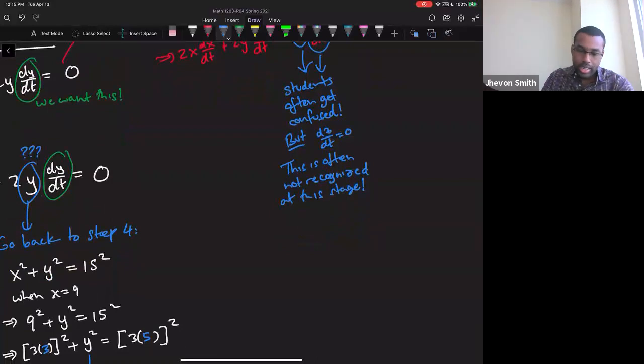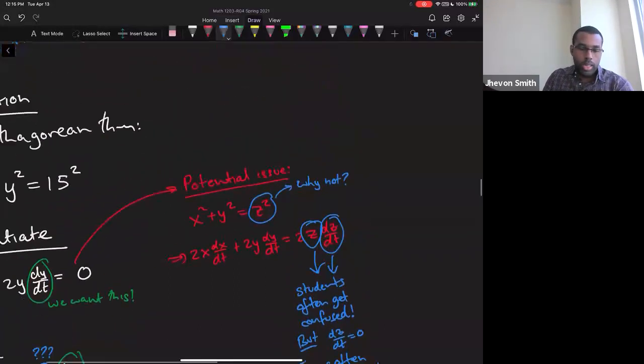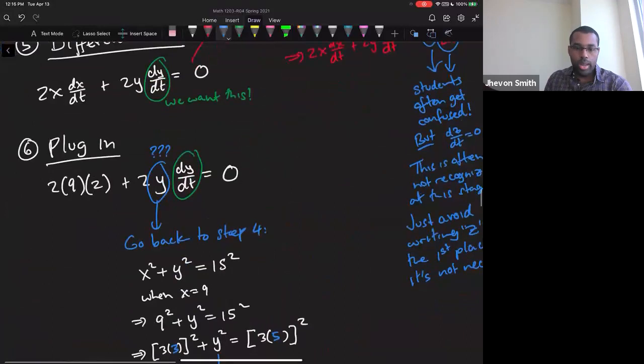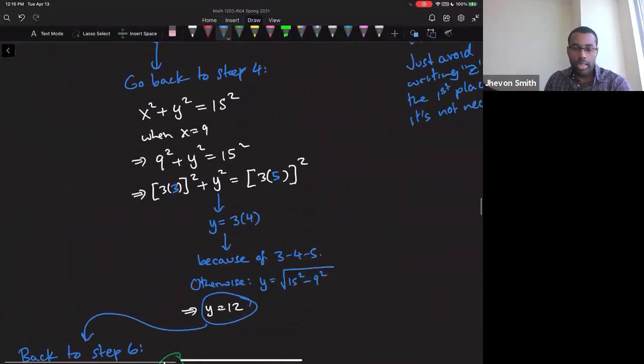It's just not necessary. And so that's the potential issue, why I recommend against labeling things that are not changing with their constant values.